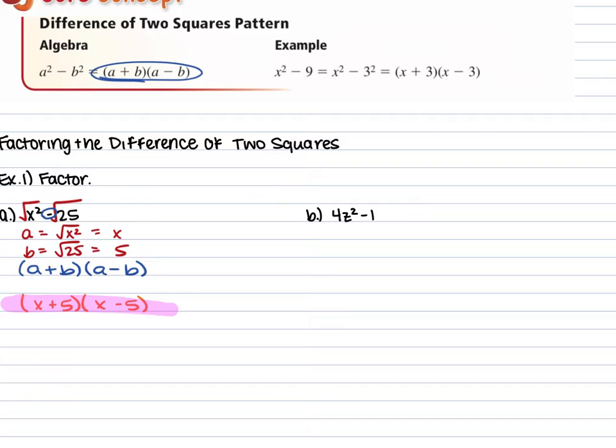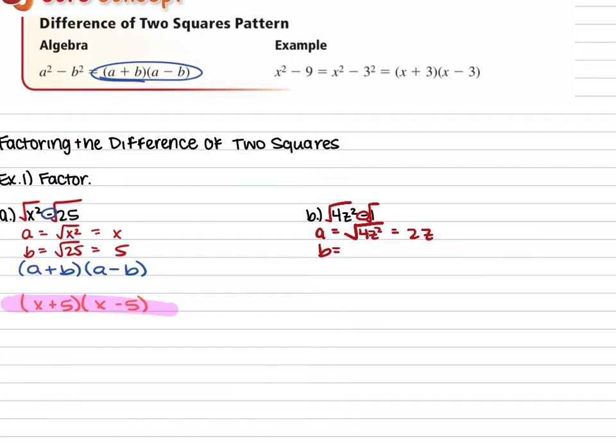For example B, we are given 4z squared minus 1. So again, I have a binomial. The two terms are separated by subtraction. I can take the square root of the 4z squared. I can take the square root of that 1. So my a is going to be the square root of 4z squared, which is 2z.